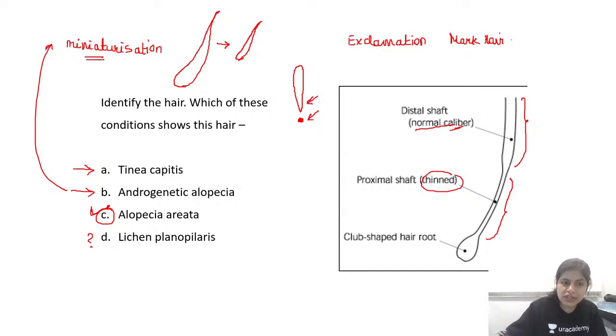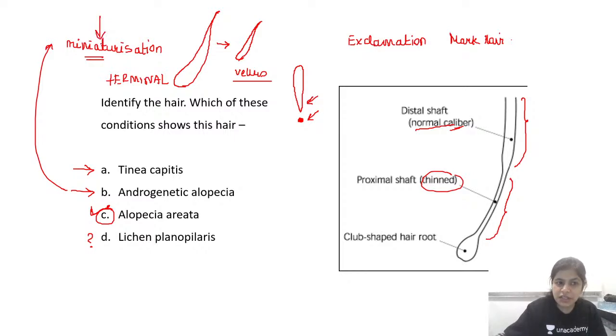Okay, so this is called the process of miniaturization, and ultimately what you land up with is vellus hair, right? So the thick terminal hair is converted into a vellus hair through the process of miniaturization.